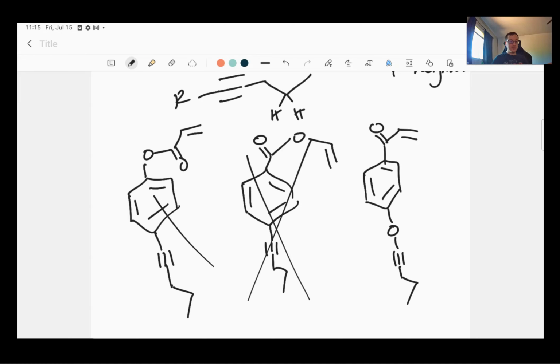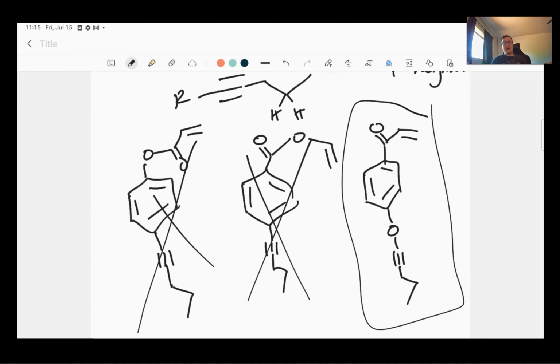So both of these can be eliminated, and so this must be the answer, as nasty of a structure as it is. We had a ketone. We did not have an ester. The two left molecules are esters, and so we know we had a ketone. Yikes. What a pain.